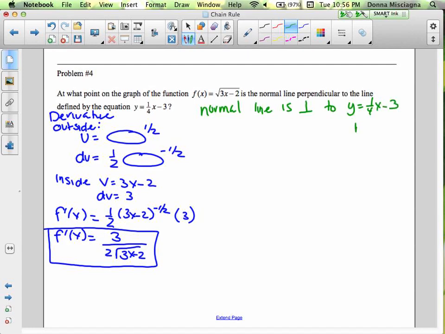So the slope here is 1/4. The normal line's slope is going to be negative 4. It's kind of like that last problem. So too bad it wasn't the exact same problem. We know exactly where it was. All right, so the slope here that we're looking for is negative 4.